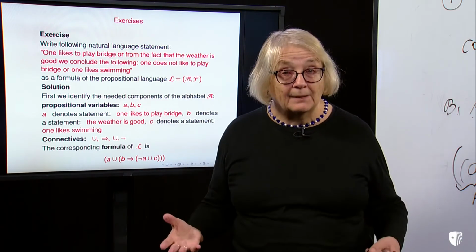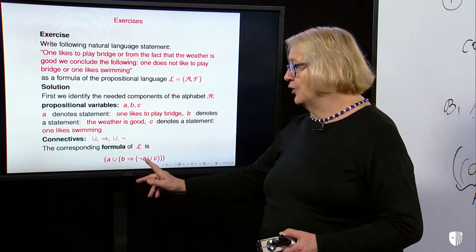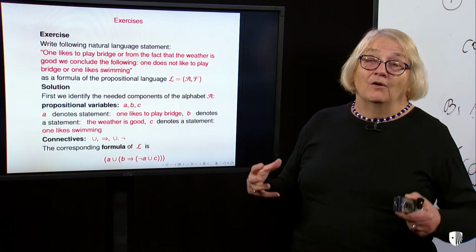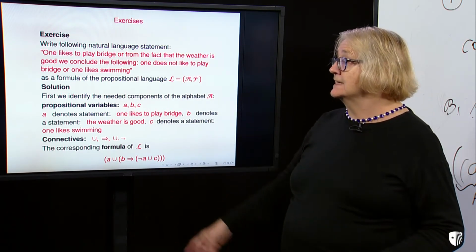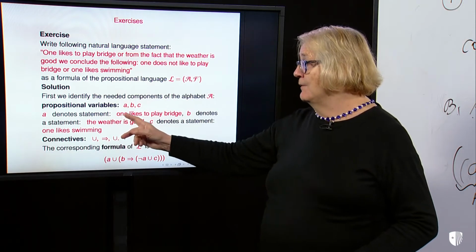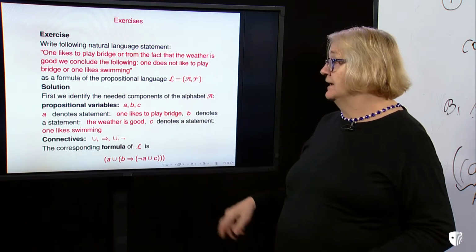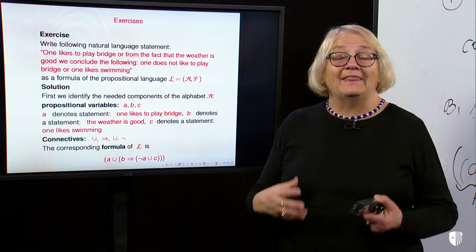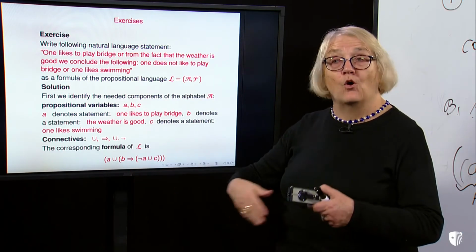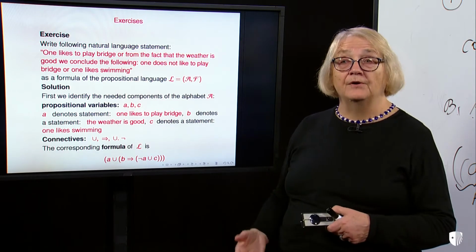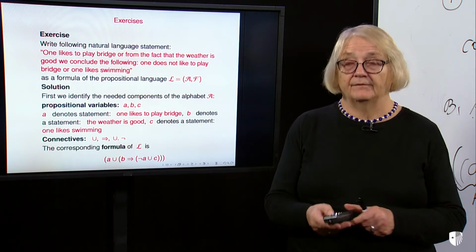You know how to think about it: you look for your connectives, and the rest are your basic statements. Here you have the basic statement 'one likes to play bridge', with no connective inside. 'The weather is good' is a basic statement because there's no connective inside, meaning no word like and, if, and so on. And the third one, 'likes swimming', and then you have the formula.